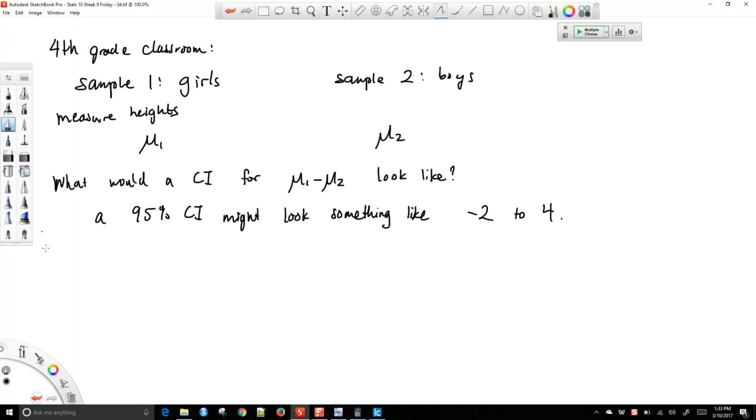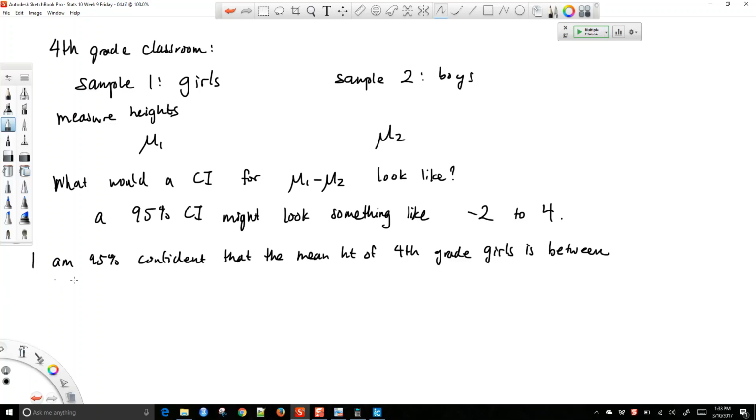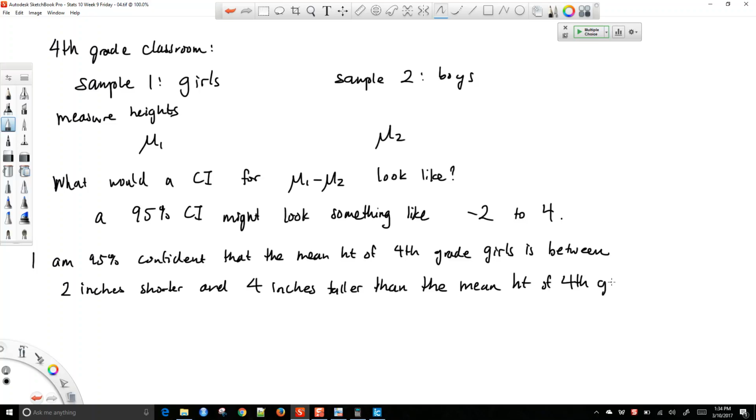Okay? So what does this mean? I'll write out the interpretation. I am 95% confident that the mean height of 4th grade girls is between 2 inches shorter and 4 inches taller than the mean height of 4th grade boys.